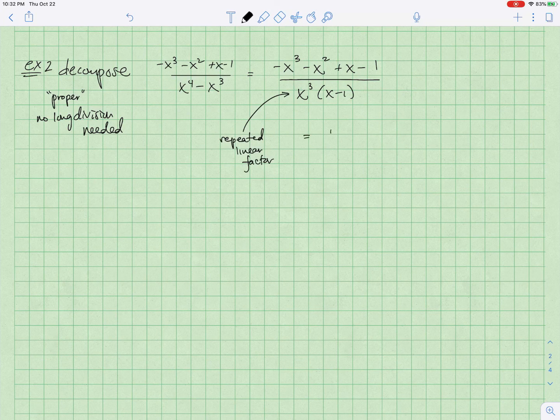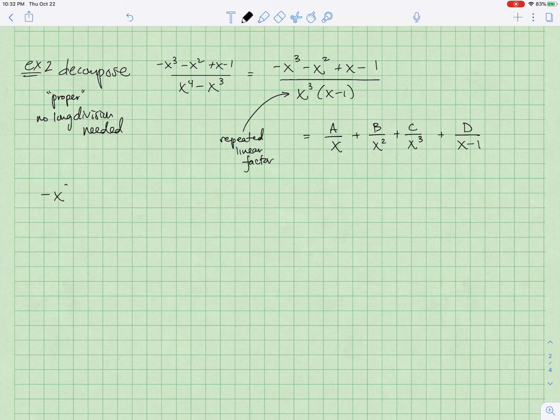And this will decompose as a over x plus b over x squared plus c over x cubed as I exhaust the multiplicity, and then finally some kind of d over x minus 1. So let's see if we can't figure out what a, b, and c are.